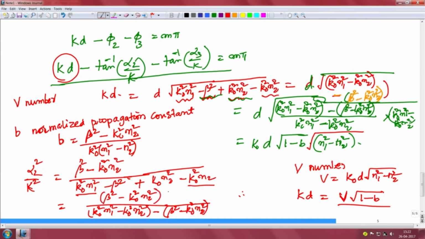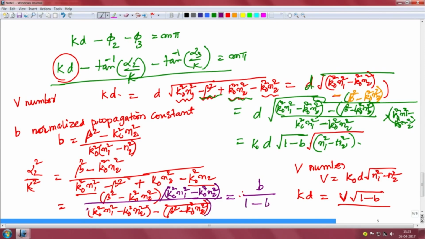So, by dividing the numerator and denominator by k0 square n1 square minus k0 square n2 square, we can write this entire expression k2 square by k square as b divided by 1 minus b.